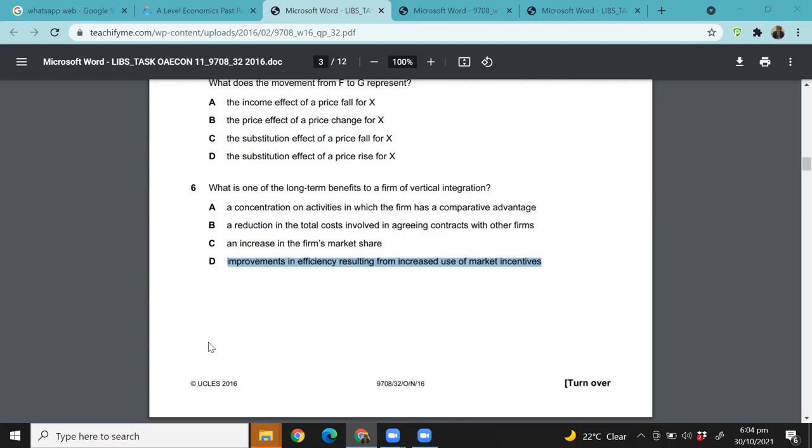The answer is B. Isha, the answer is B. So you're right. I was thinking more about market incentives, because when you merge with suppliers, you get cheaper raw materials, and similarly, when you merge with retailers, you get to better control the sale of your product. But okay, a reduction in total cost involved in agreeing contracts with other firms. Yeah, makes sense.